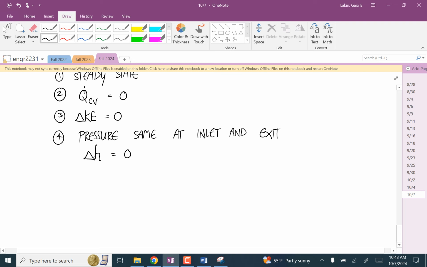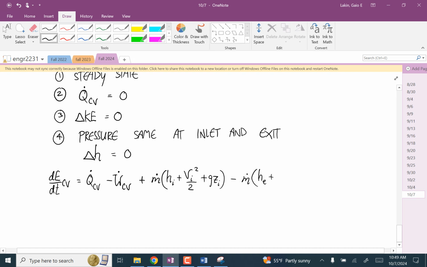Okay, so this is the last time we have to sit here and go through this full equation together. dE/dt for the control volume is equal to Q dot minus W dot plus, because it's steady state, just m dot times the quantity hi plus Vi squared over 2 plus g zi, minus m dot times the quantity he plus Ve squared over 2 plus g ze. The dE/dt goes away.